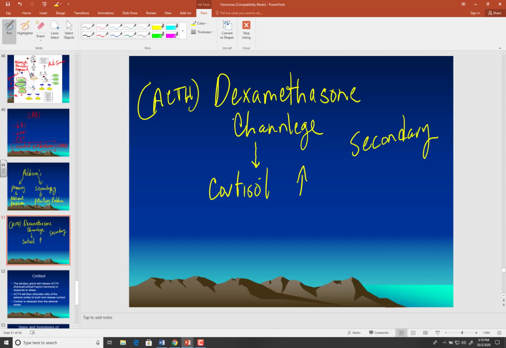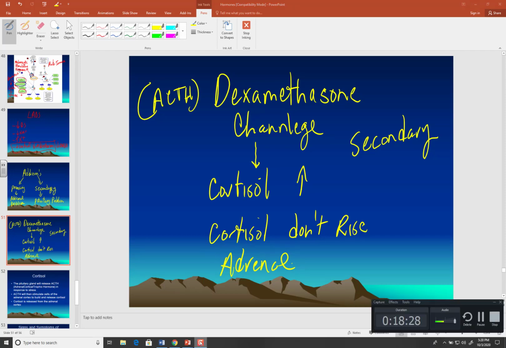Now, if you give them the challenge and the cortisol levels do not rise, then you know it's an adrenal problem. So, based on whether it's primary or secondary, that will determine the type of treatment.